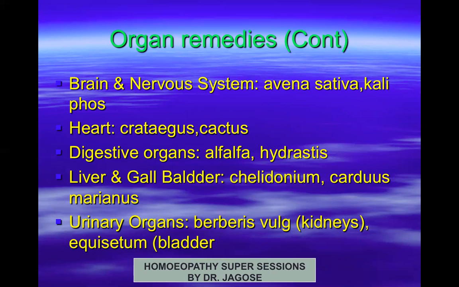The patient is not giving many other symptoms to prescribe on, and he gets a report saying that there is a right ureteric calculus. So here, if you're not confident of prescribing the correct medicine because of lack of symptoms, then you can go on to this organ remedy and give Berberis vulgaris in the mother tincture form.